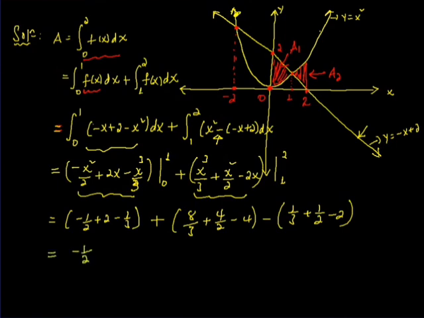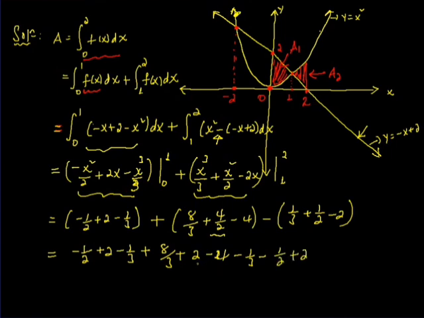Minus 1 over 2 plus 2 minus 1 over 3 plus 8 over 3 plus this is 2 minus 4 minus 1 over 3 minus 1 over 2 plus 2.